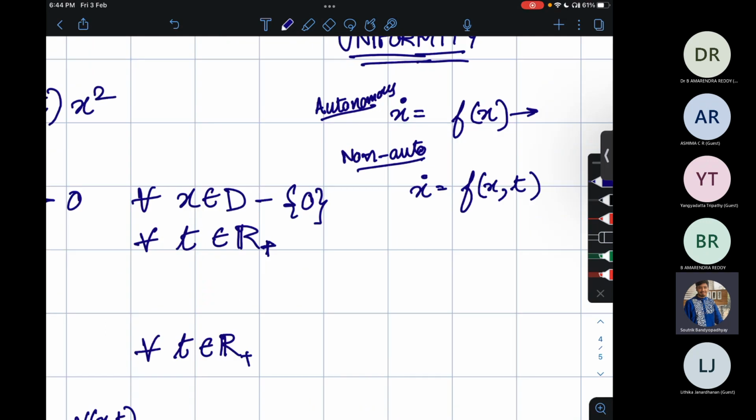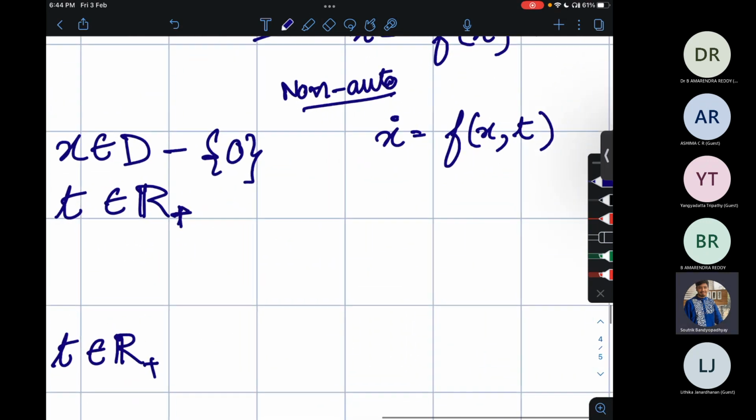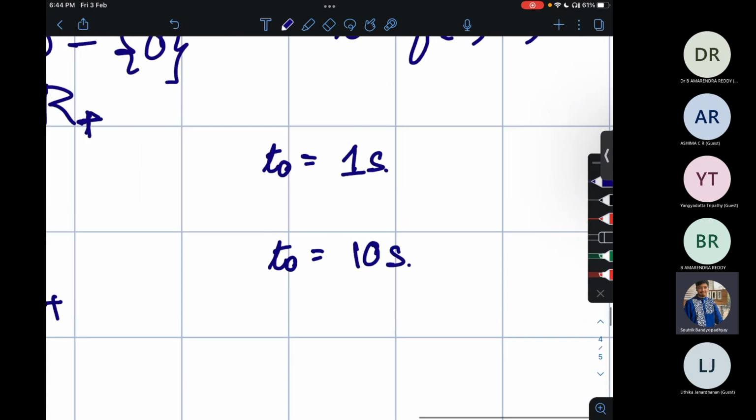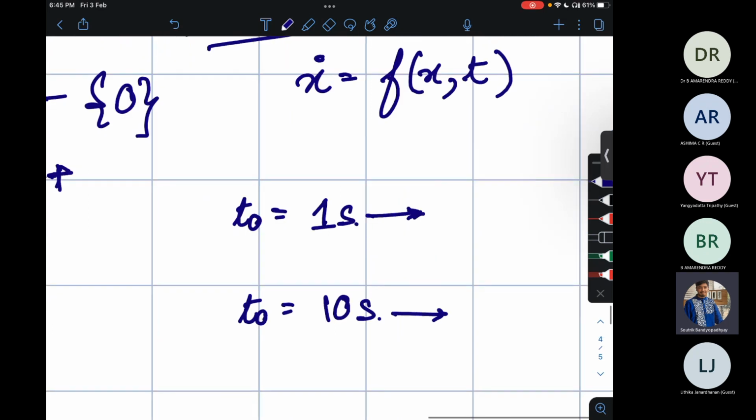For non-autonomous systems, uniformity implies that given an initial time t naught, suppose you start the system at, let's say, 1 second, and you start the system at, let's say, 10 seconds, the uniformity criterion says that if it is stable starting from 1 second, it must be stable starting from 10 seconds as well. There is a problem in non-autonomous systems that there may be some time instance where, if you start the system from that time, the system may be unstable.